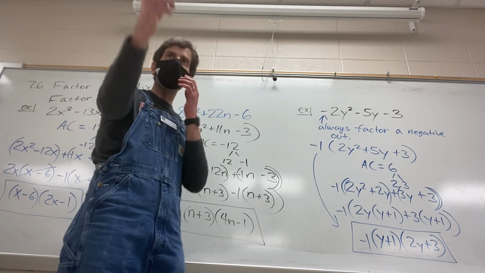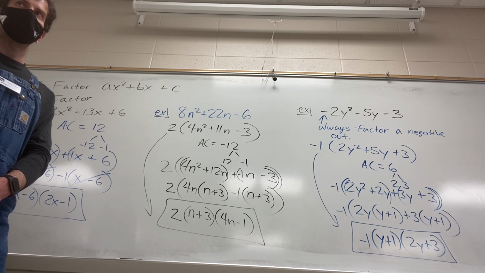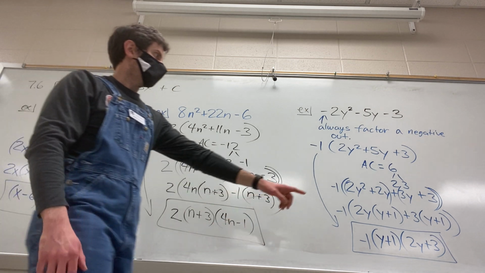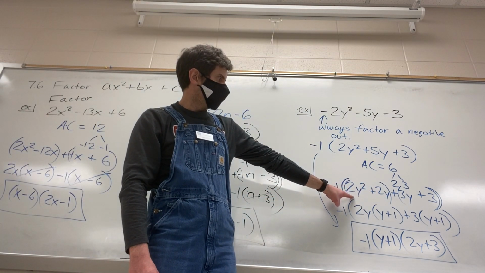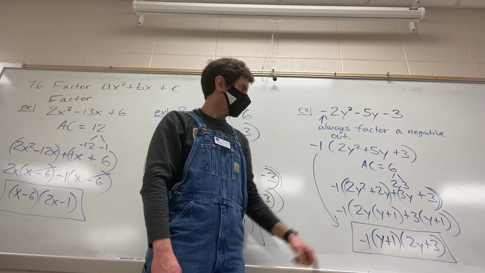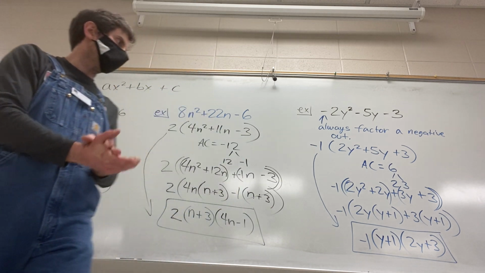Yep. I cannot understand where in the world you got y plus 1 from. When you factor out a monomial here, you can take out a 2 and a y. Oh, because you divide it. Oh, I forgot to divide. Divide, yep. You forgot to divide? Okay, okay.